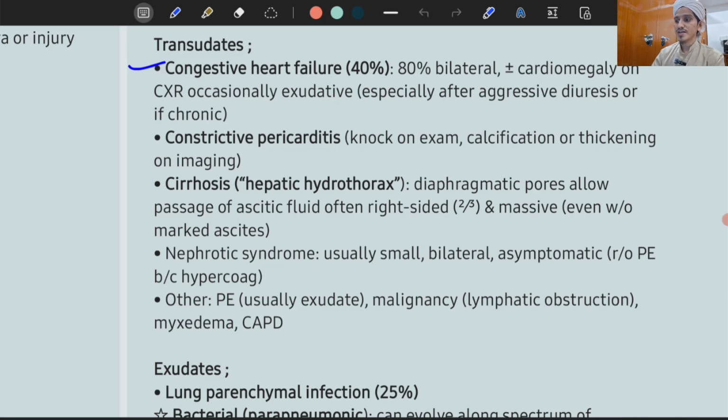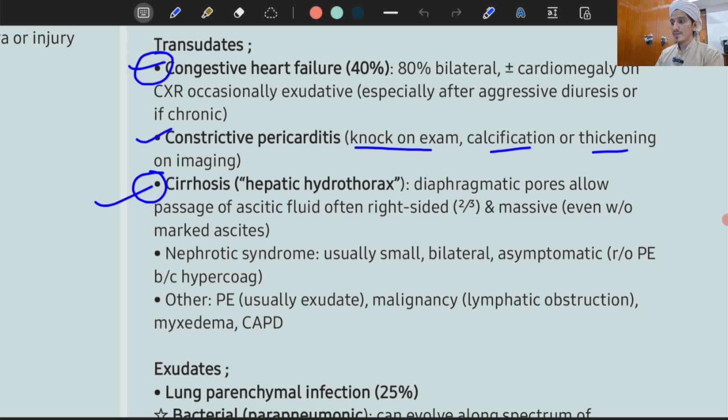Second is constrictive pericarditis. There is something called a knocking sound which is heard on stethoscope in constrictive pericarditis. You can go and search on Google, and you can hear that sound. And when you image, there is calcification and thickening of the pericardium of the heart. This is a common cause of the transudate. The next common cause of transudate is cirrhosis, hepatic hydrothorax.